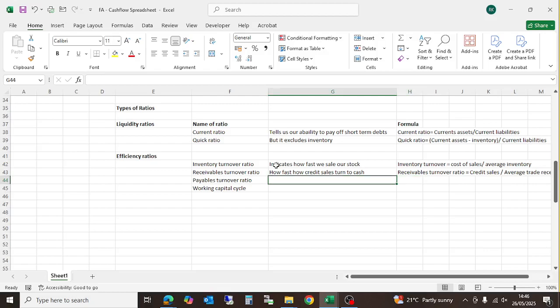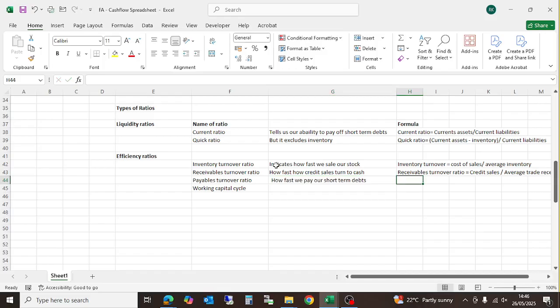And then we have our payables turnover ratio. This is basically how fast we pay our short-term debts.